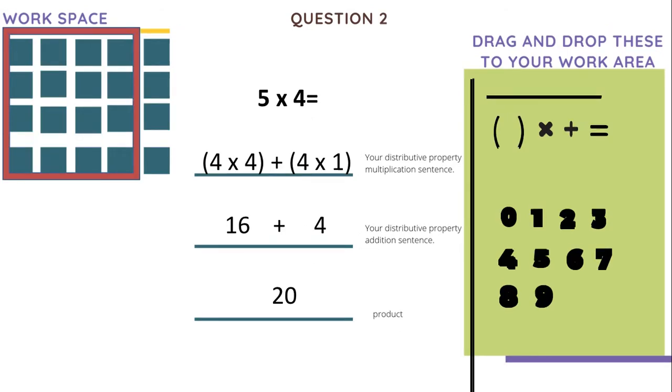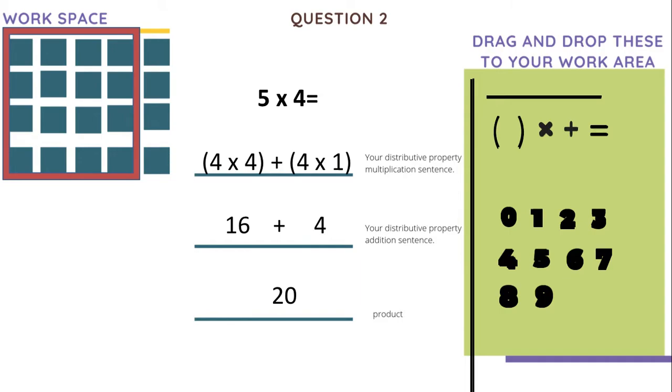And so we continue. Here we have the problem 5 times 4. We can break this up into 4 times 4 plus 4 times 1. In this case, that would mean that the 5 is broken up into 4 and 1. When you do 4 times 4, you get 16.